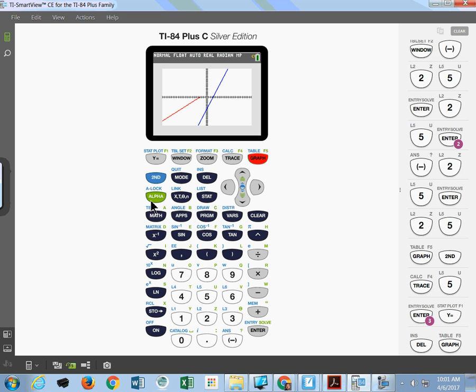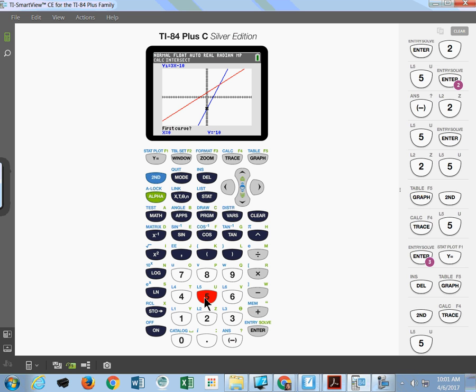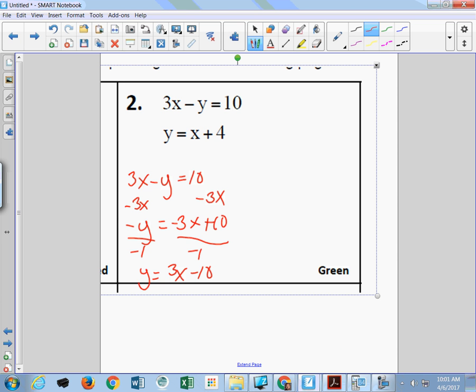And then we'll do second trace, which is calculate, and then 5. Enter, enter, enter. You should get 7, 11. Okay, then go back to your sheet, and you're going to write the coordinate 7, 11.